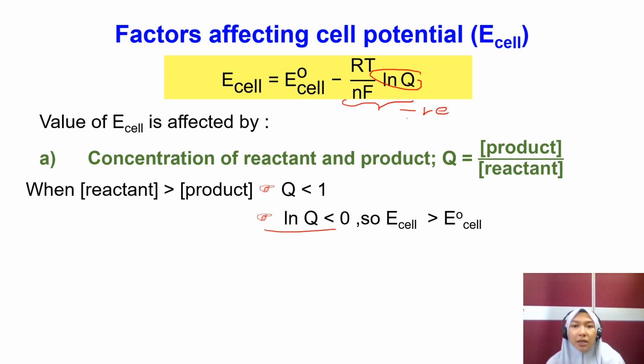Negative times negative means it will add to the value of E naught cell. Thus it will increase the E cell. So E cell is larger than E naught cell.